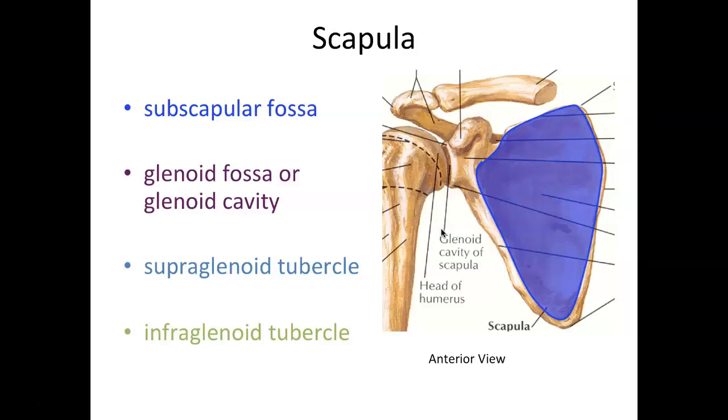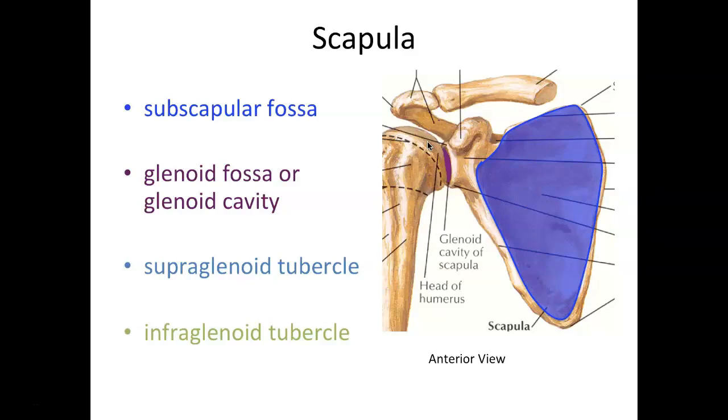Now the next structure is called the glenoid fossa or cavity, and it's just a little shallow depression at this end over here where we're going to have an articulation, or form a joint, with the head of the humerus. On this glenoid fossa, we also have two tubercles. Now, do you remember what tubercle means from our terminology list? It means sharp bump.